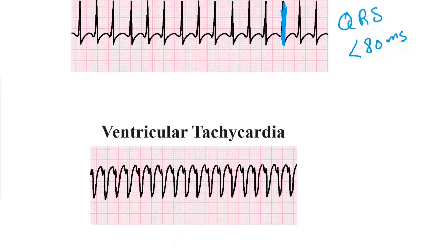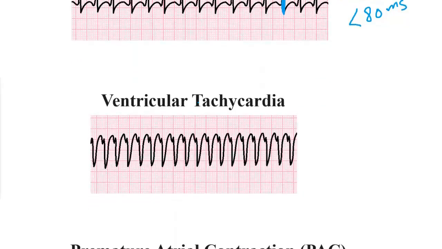Versus if we look at ventricular tachycardia, where the source of the contraction is the abnormal depolarization of the ventricle presenting with a fast heart rate, these patients have wide QRS interval of more than 100 milliseconds. Okay, you can see here that these patients have a wide QRS interval.